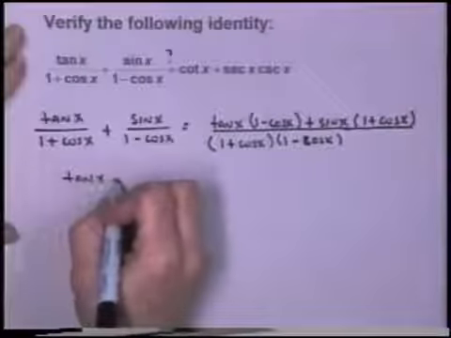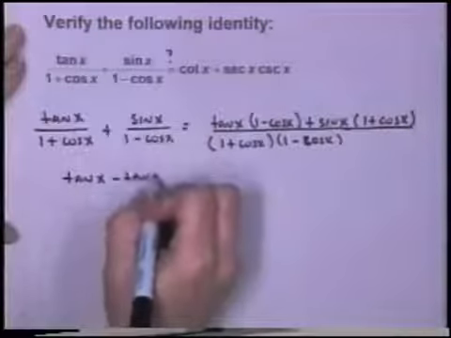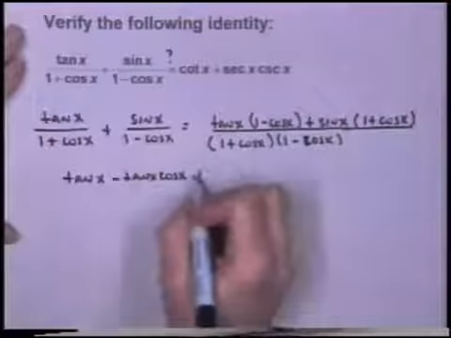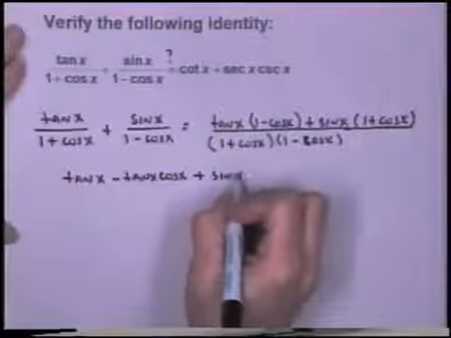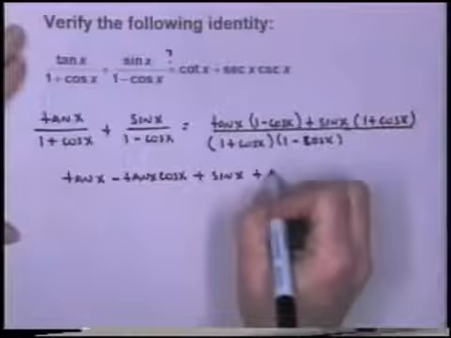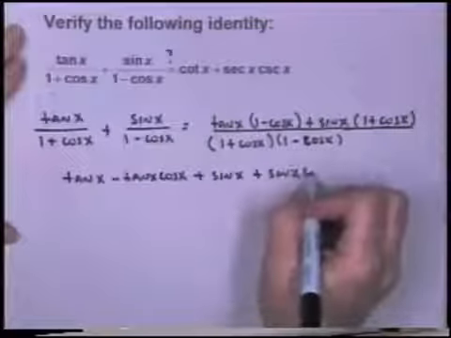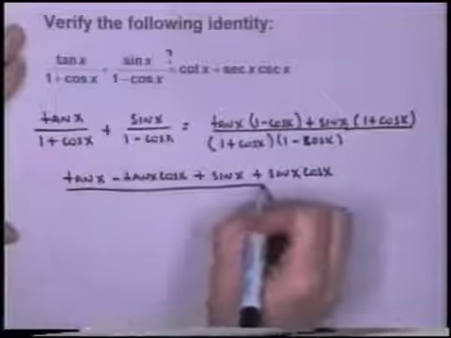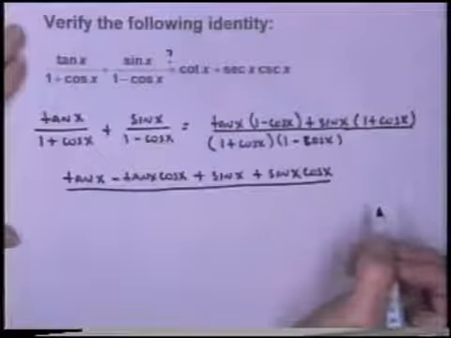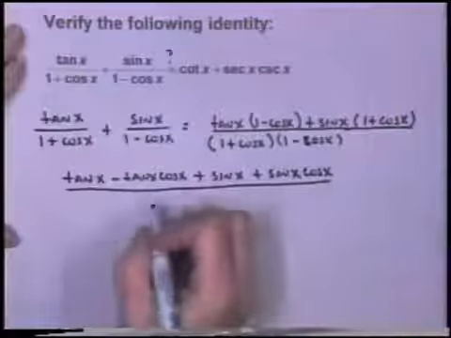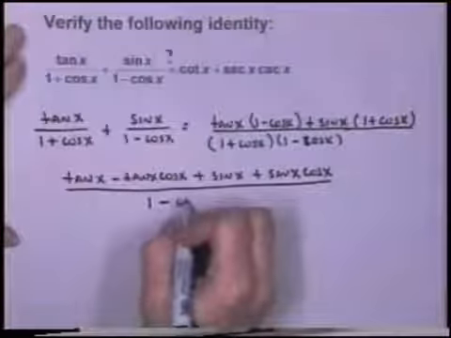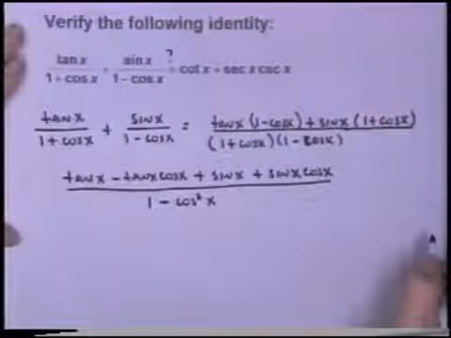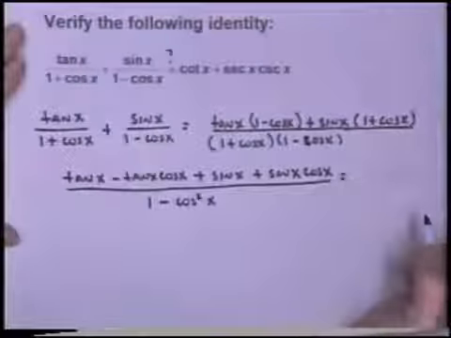Let's distribute now. I have tangent x minus tangent x times cosine x, and then I have plus sine x plus sine x cosine x. And let's see, I'm going to go ahead and multiply this. That's 1 minus cosine squared x down here. Okay?